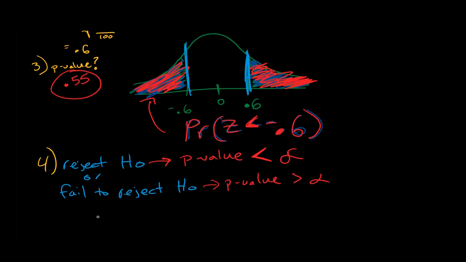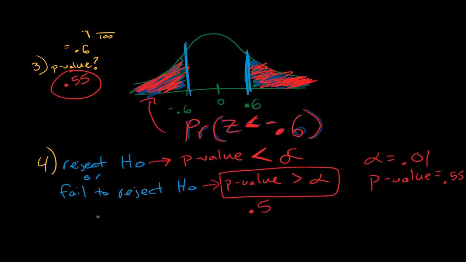And let's see, in this scenario, our alpha is 0.01. What's our p-value? We just calculated it. It is 0.55. Now, 0.55 is much larger than 0.01.